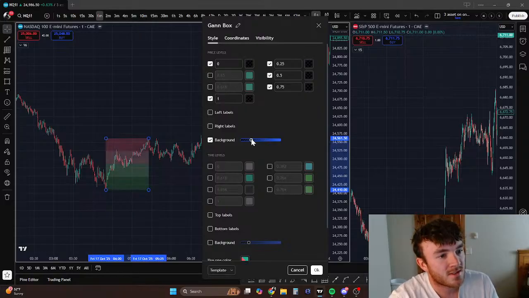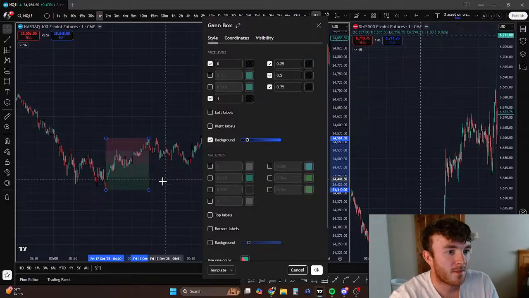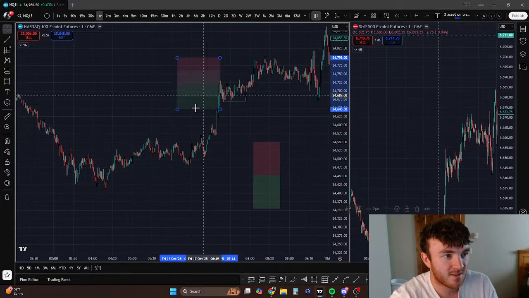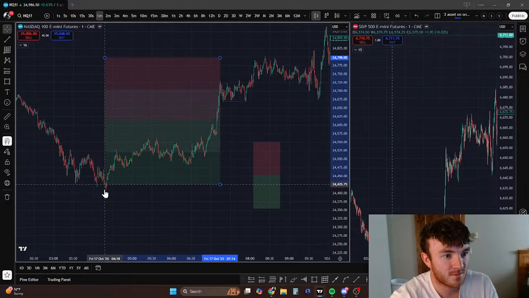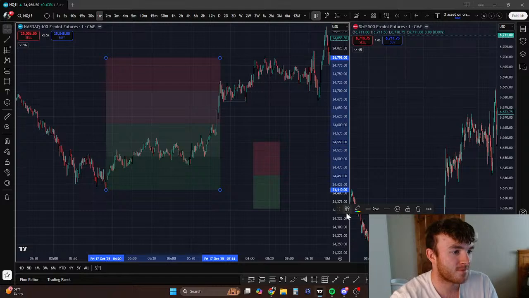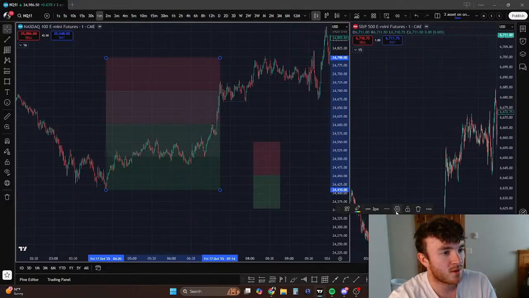Oh man, is this okay? What's the best way to mark out the quadrants? Do you guys think it should be like this? This is probably fine. Yeah, this is probably fine. We can just mark this out as PD quadrants. Or maybe we want to do different colors that are not red and green.